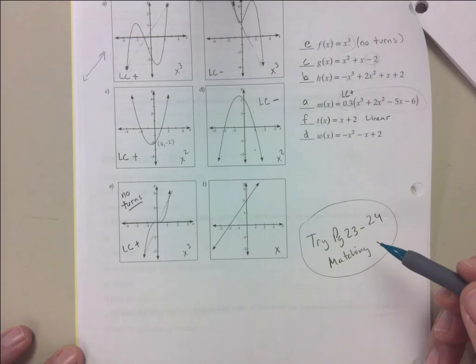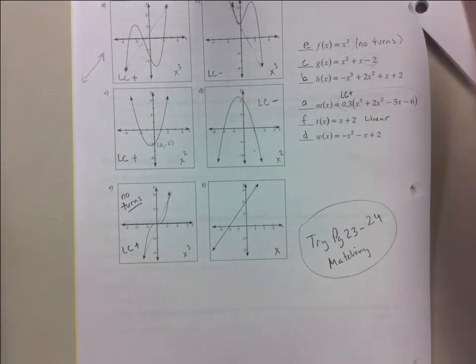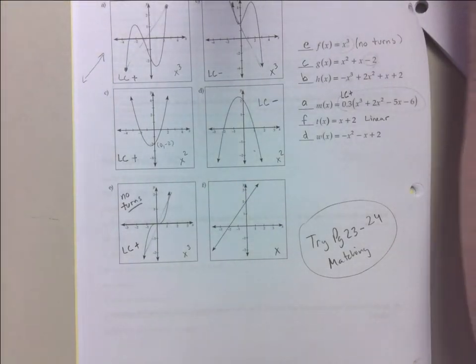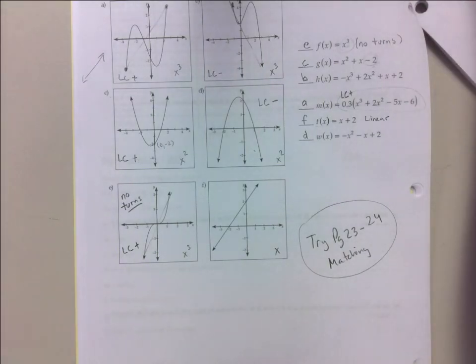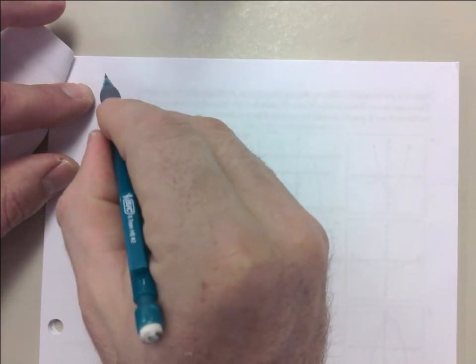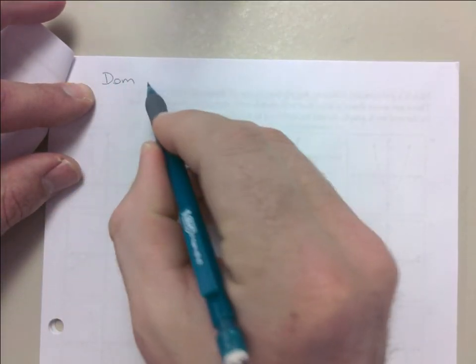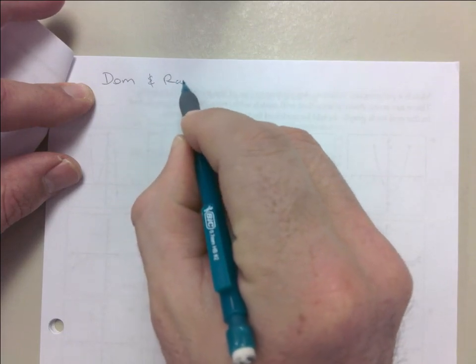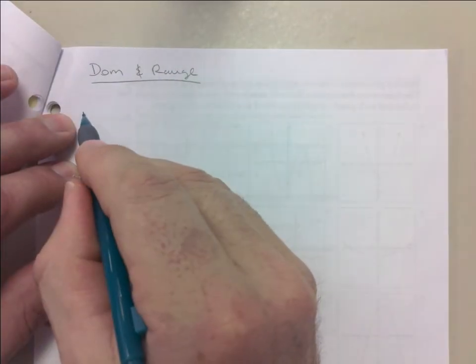I think the only thing that I want to add yet is domain and range. This is kind of like a cheat sheet entry for domain and range. It's going to change once we do word problems. But go to page 22 and copy this down.